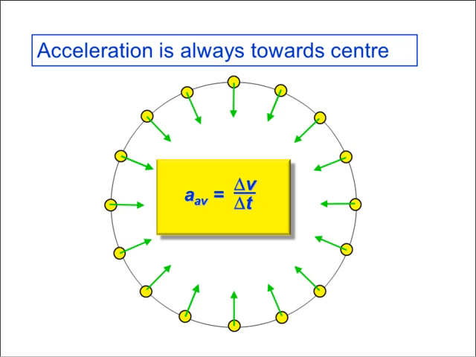There is nearly always a question in your exam that asks for the direction of acceleration at a given point, and sometimes students mix up the acceleration and the direction of the velocity. So velocity is always at the tangent in the direction it's moving. Acceleration is always towards the center. Force, therefore, will always be towards the center. So just remember that one. It's a bonus gift mark that they nearly always ask.